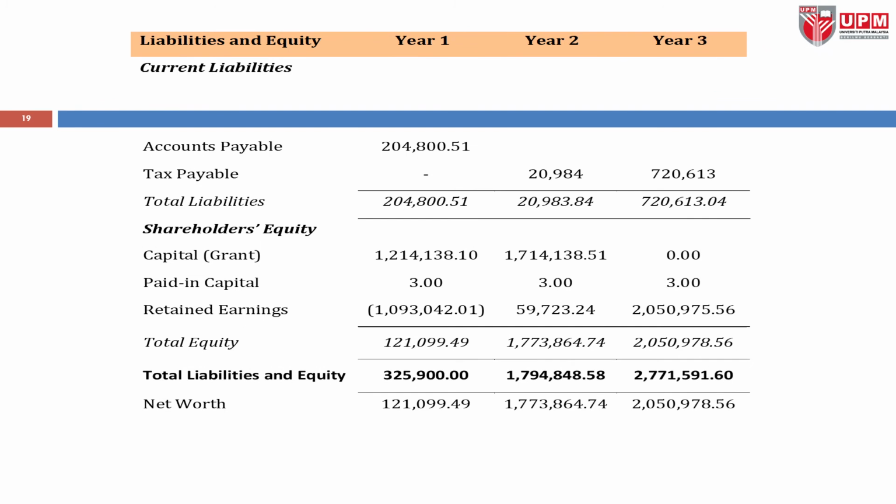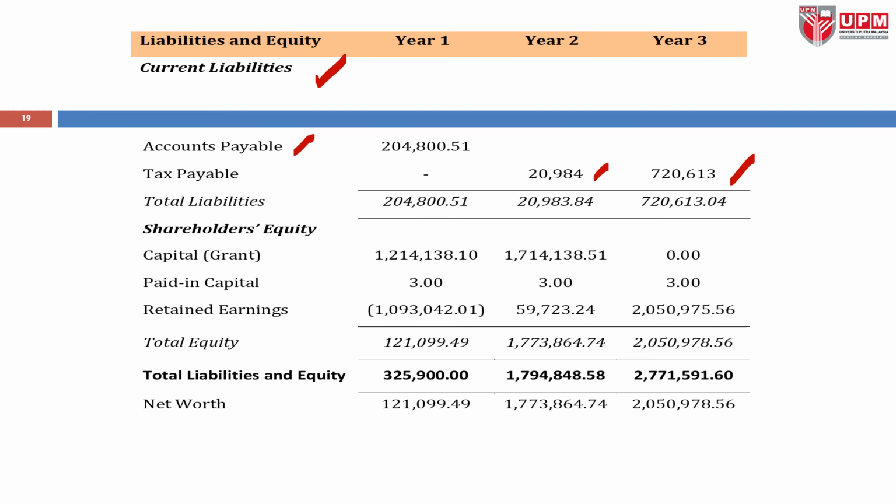When we look at the column for liabilities and equity, similar to the assets just now, you have year 1, year 2, and year 3. You have accounts payable, and tax payable, not in the first year. Normally tax occurs after a year of operation. So you have year 2 and year 3. Shareholders' equity, right? So you can have shareholder equities, paid-in capital, and retained earnings as such.